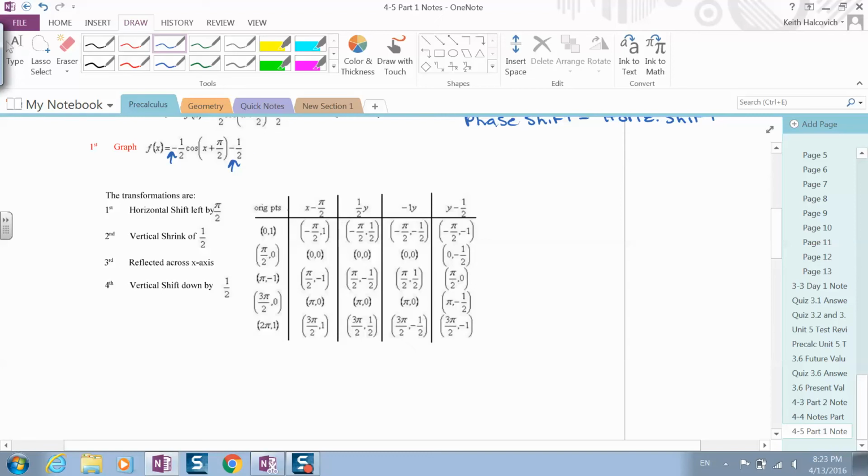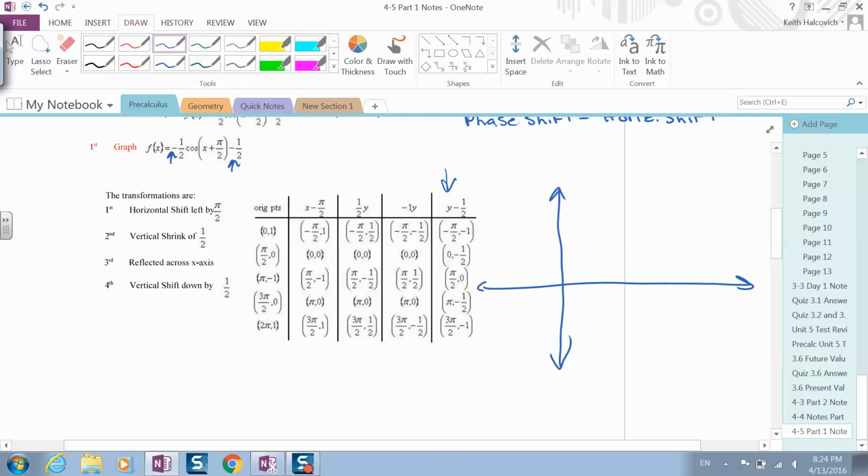So if you make your chart with the original points, and here I did the chart for you already, you'll see that the points you end up with are listed in this last column. So when we graph this, first of all, notice that the first x coordinate is negative.